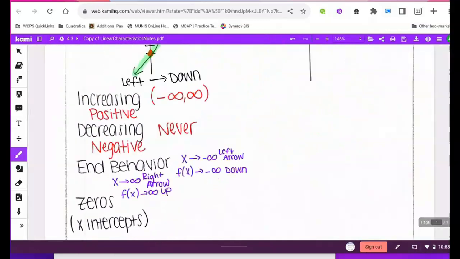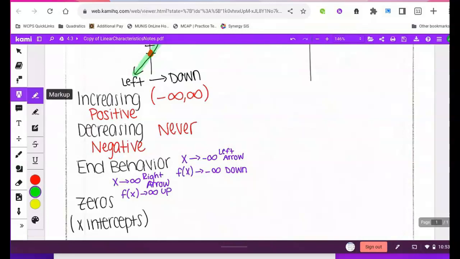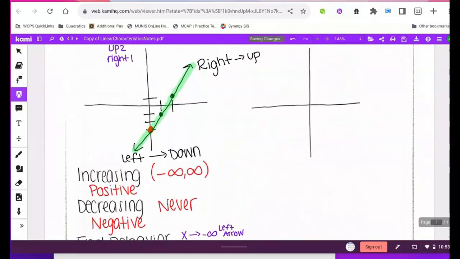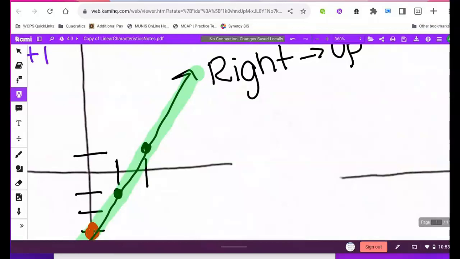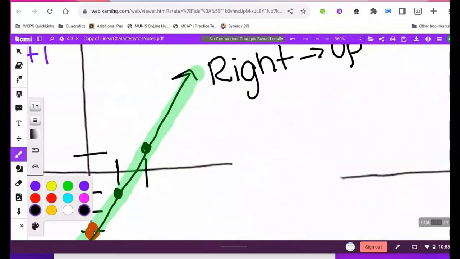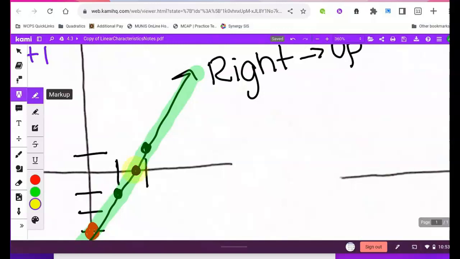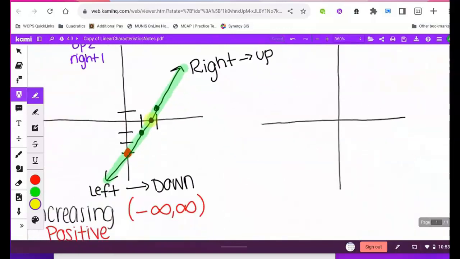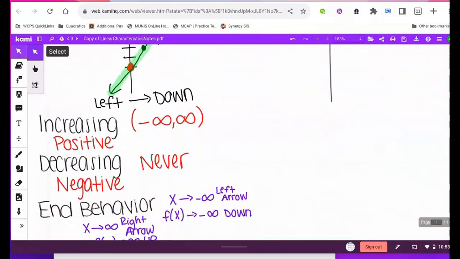For now, we're going to look at zeros. Zeros are my x-intercepts. That's something that we have to remember. So we're going to go up here and look for our x-intercept. Here's a point right here. It's where it crosses the x-axis. That is my x-intercept, and we can say that's about 1.5.